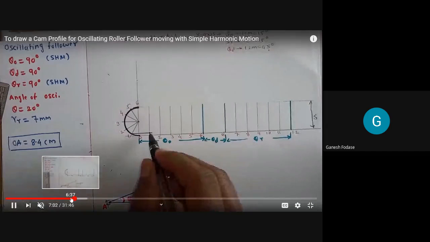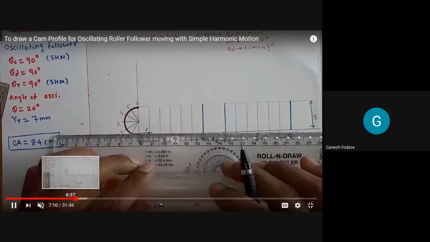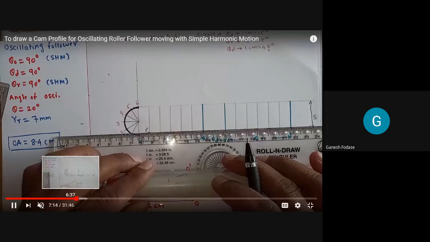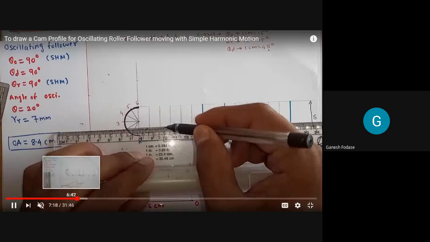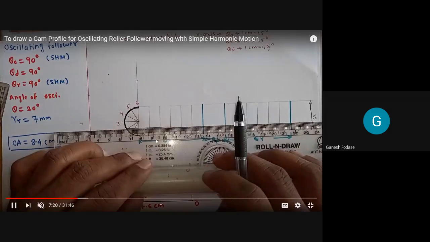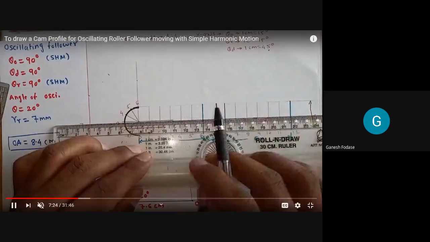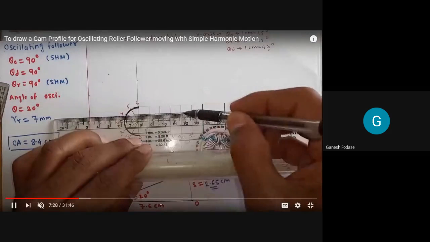So you can see that now, we are just drawing projections. This is 1 dash, the intersection of the horizontal and vertical projection of 1. Next, draw the projection through 2, a horizontal projection parallel to the x-axis, up to the vertical line through 2. Actually this line should be up to 2. Now up to 3. You may draw a line further also, but we need to take the point on the corresponding line.